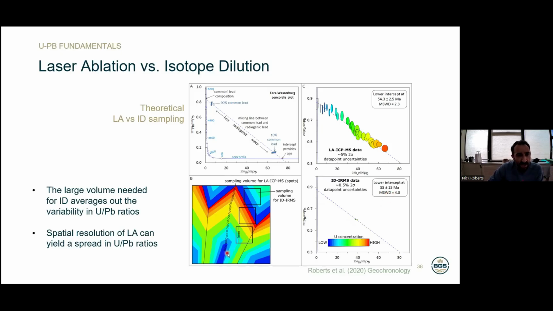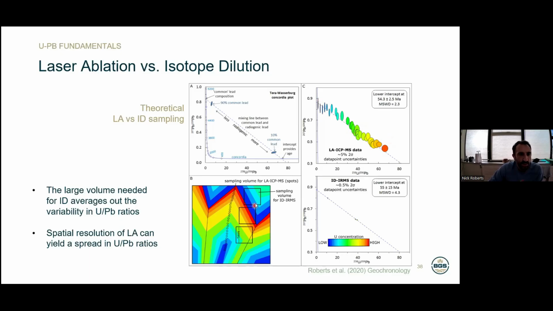If, on the other hand, we did laser ablation work, we did a traverse of spots along this calcite covering all the low to high uranium domains, we might actually get a much nicer and more precise regression because we've got much better scatter along this line. So although these individual data points are much bigger than the isotope dilution, the regression is much better defined.